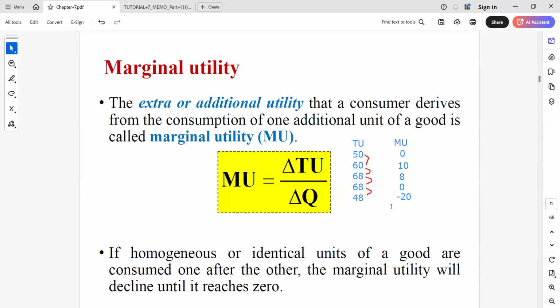So am I correct? Let me just confirm. Yeah, that's 10, yeah. 8, 0, yeah. Okay, so this is your marginal utility.